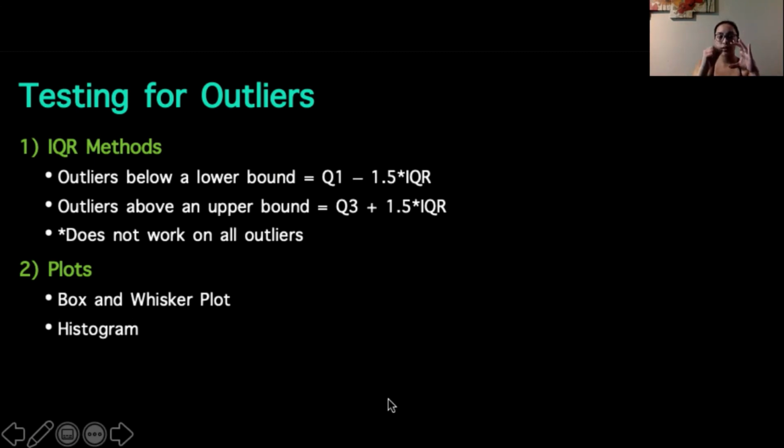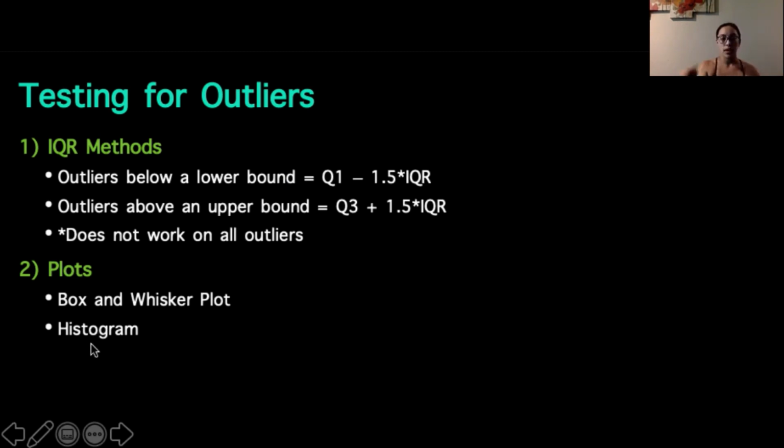Usually it will show you where your mean lies in that box, and then you have whiskers that extend to 1.5 times the interquartile range. Any values located outside of that extending whisker are going to be considered outliers. We can also use histograms, right?